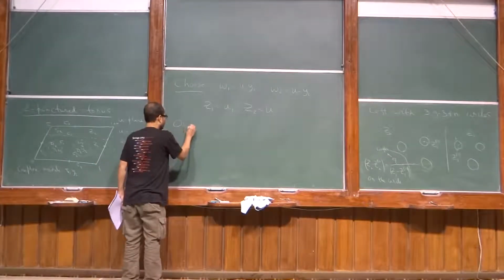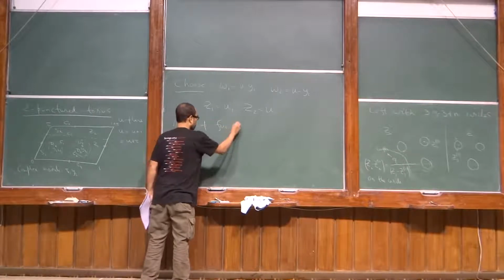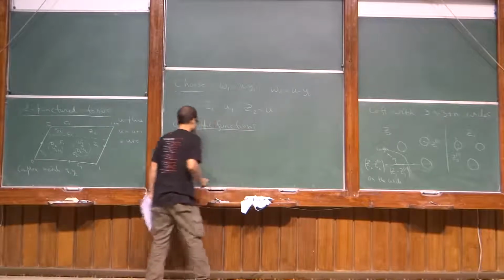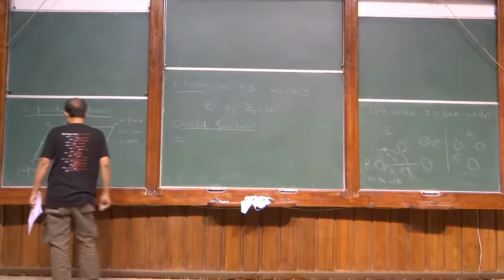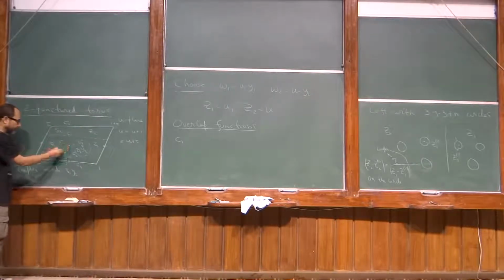Now let's look at the overlap functions. On C1, on one side the coordinate is Z1, the other side is W1.